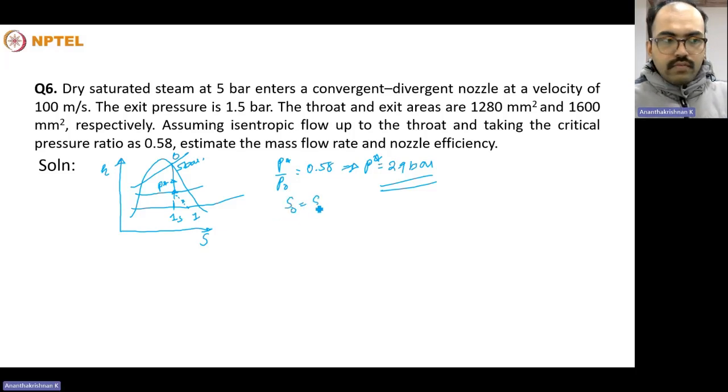So S0 will be the same as S star at this particular point. That will be equal to 6.822.